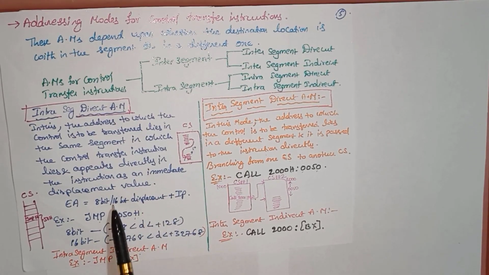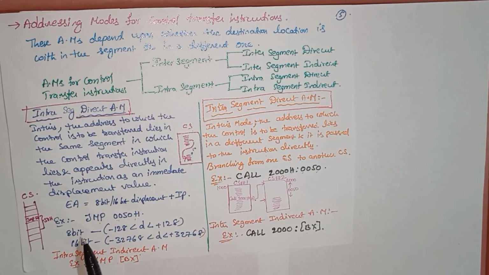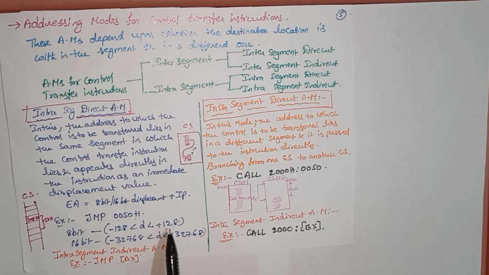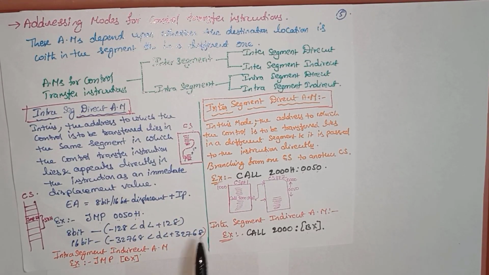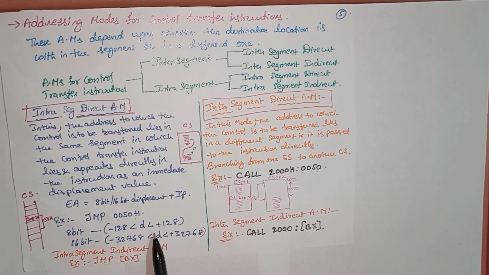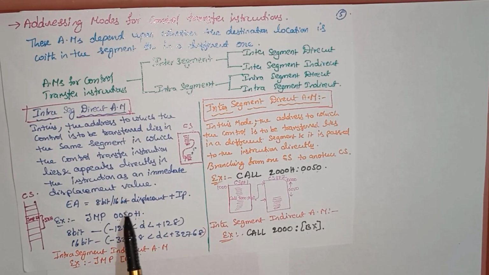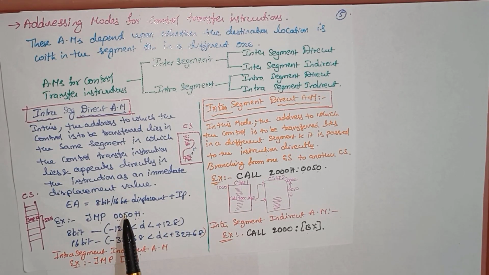The 8-bit displacement range may be -128 to +128, and the 16-bit displacement range is -32768 to +32768. In this range only we use the address for jump or call instructions.